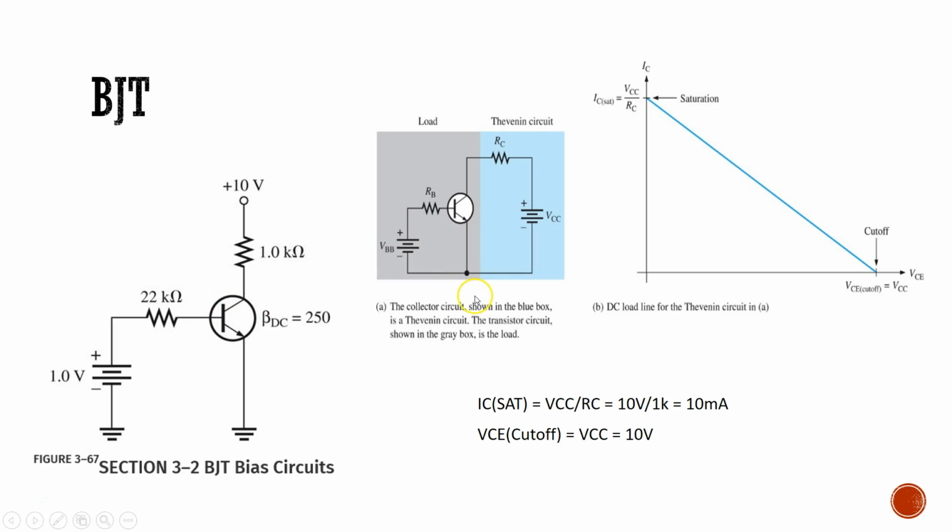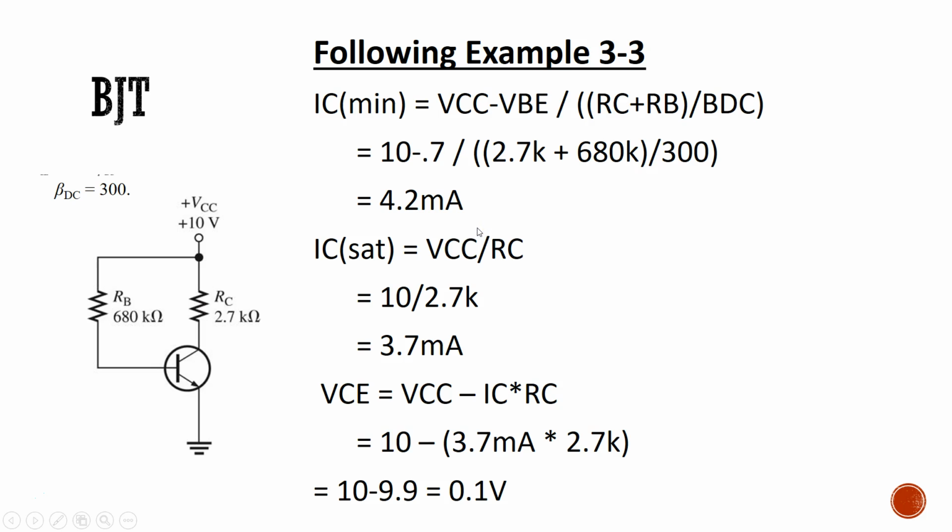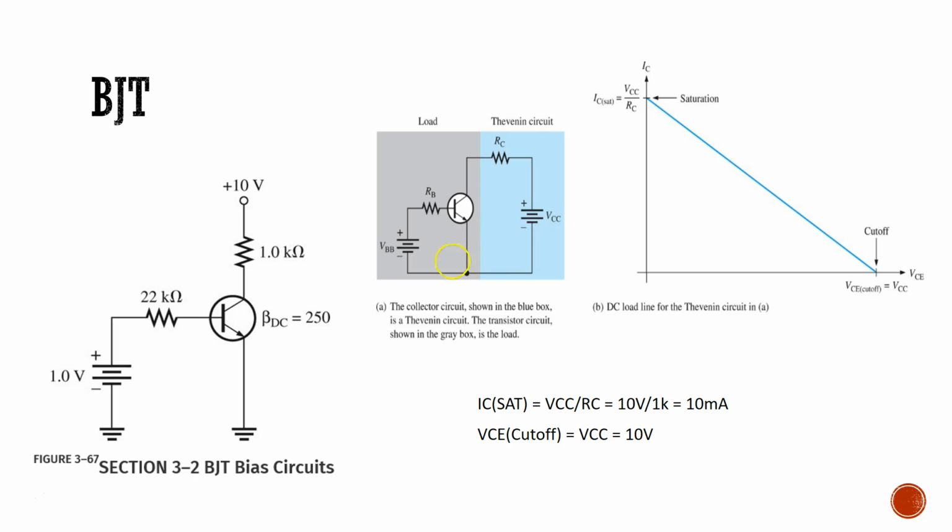There's what's known as the DC load line for a BJT. Here we're looking at figure 3-67, and this is from the book as well. It shows how to break it down and look at it as a Thevenin equivalent circuit and use that to determine the saturation and cutoff points.